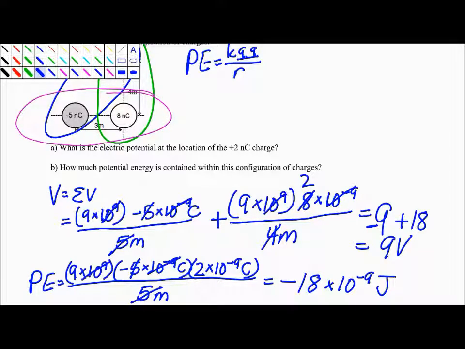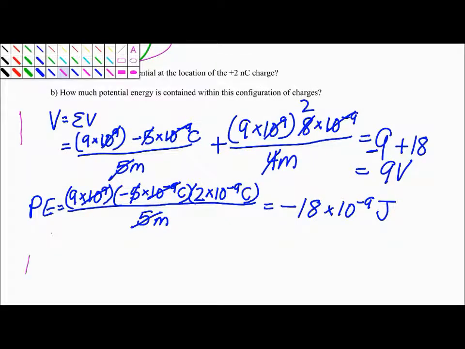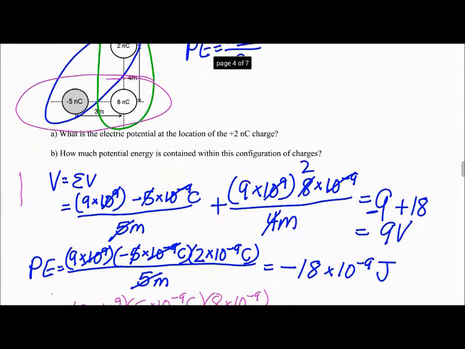All right, and now I want to do the 5 and the 8. That 5 nanocoulomb charge is negative, and then I had a positive 8 nanocoulomb charge, divided by the distance between them, which was 3 meters.